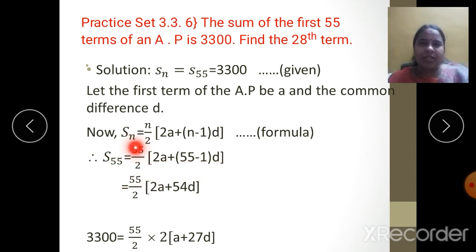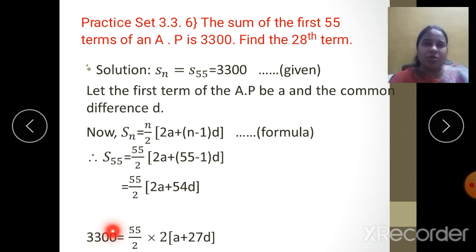This value itself, S55 is given as 3300. So that can be substituted. 55 upon 2, 2a plus. Now this 55 minus 1 is nothing but 54. 54d. From this, unlike the previous sum, from this we can take 2 common. Yes or no? Okay. So that is my next step.